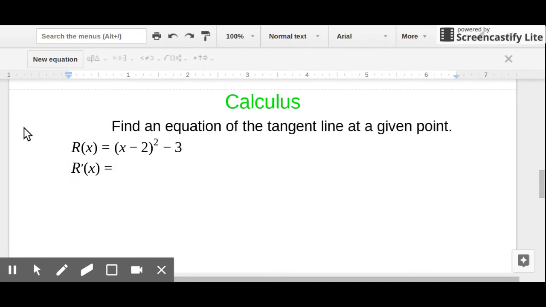The goal here is to find y is equal to mx plus b. To get to that point, we've been using the point slope form: y minus y1, and x minus x of 1.